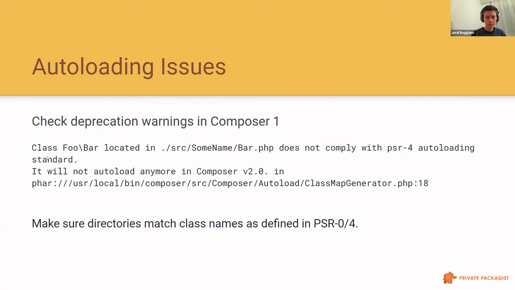I think in most cases I've looked at, these were small misconfigurations of test files and stuff like that, where there wouldn't be any impact on the application, but usually it's fixable by just fixing your autoload config to split the test autoloading from the regular autoloading and so on.